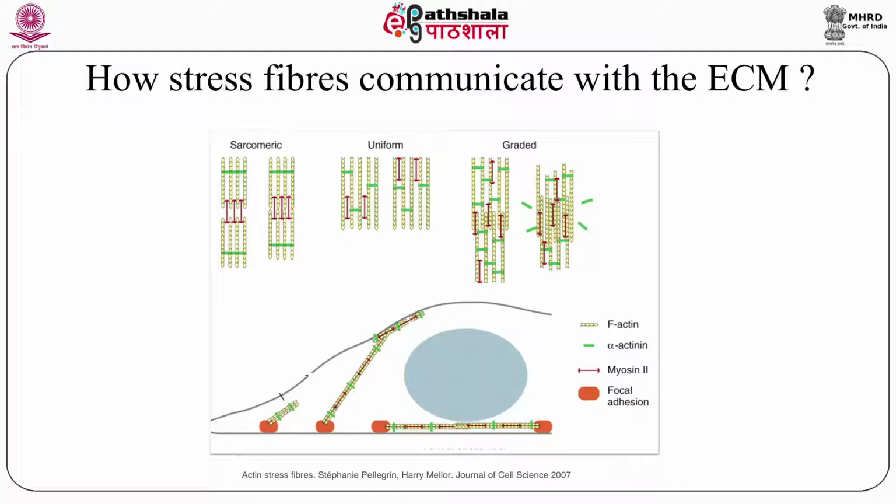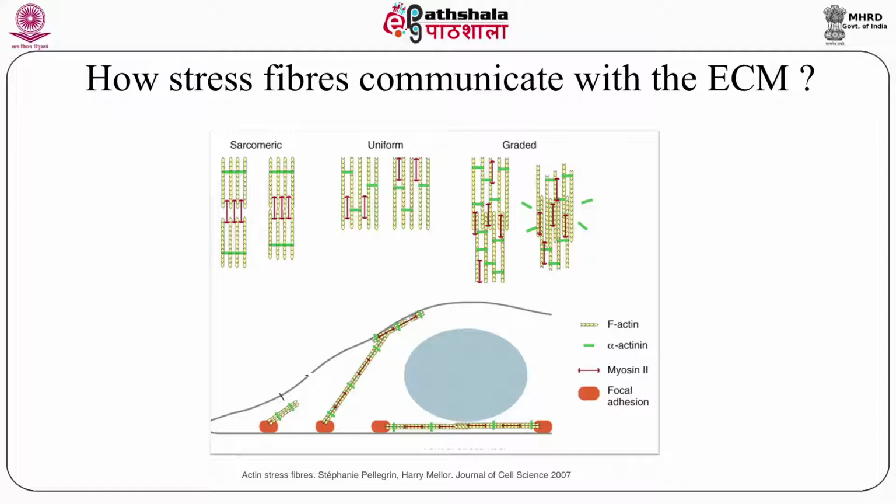Let us discuss these models in detail. The first, sarcomeric stress fibers. You can see that there are actin filaments with alternating polarity with interdigitating bands of non-muscle myosin 2 held together by the green colored alpha-actinin.